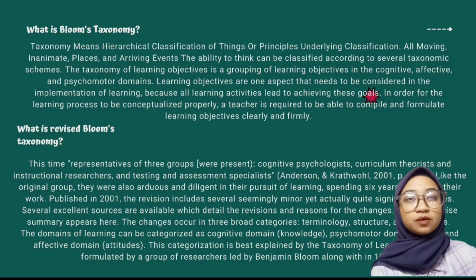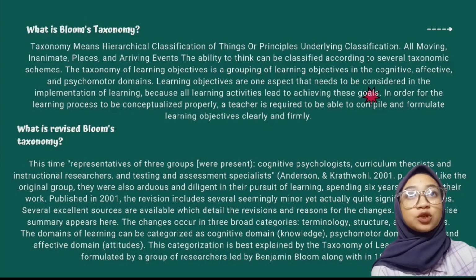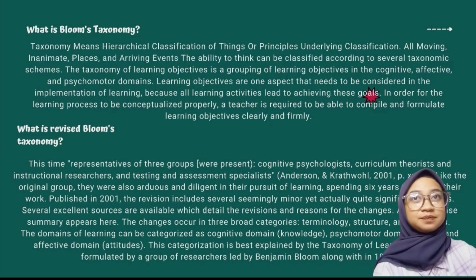The domains of learning can be categorized as cognitive domain, psychomotor domain, and affective domain. This categorization is best explained by the taxonomy of learning domains formulated by a group of researchers led by Benjamin Bloom in 1956.